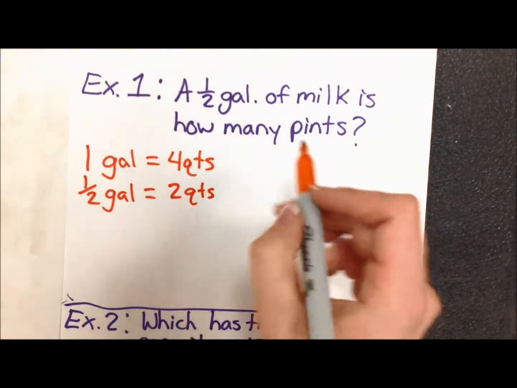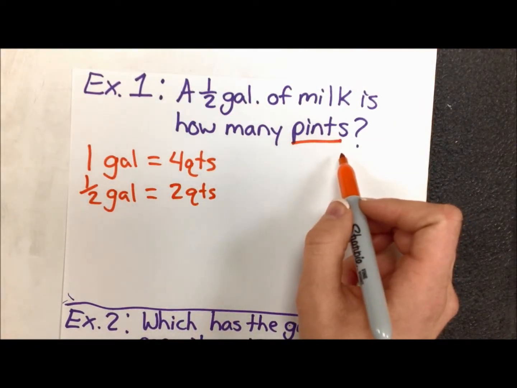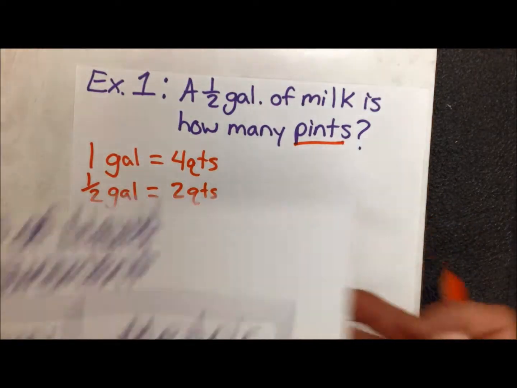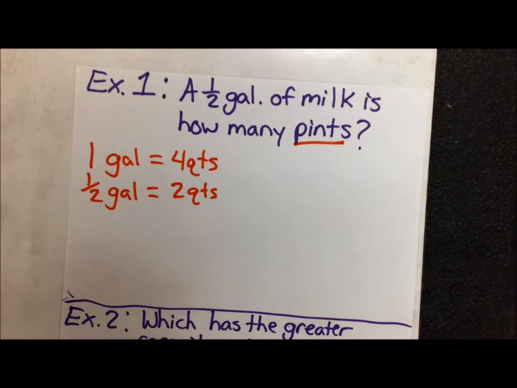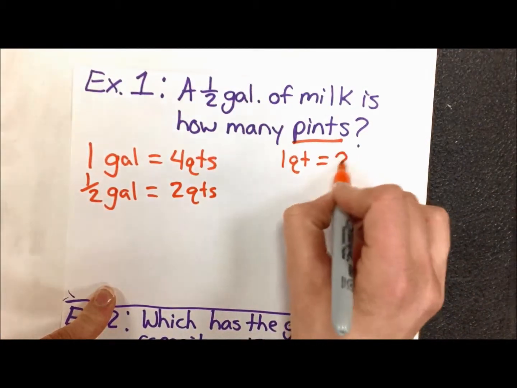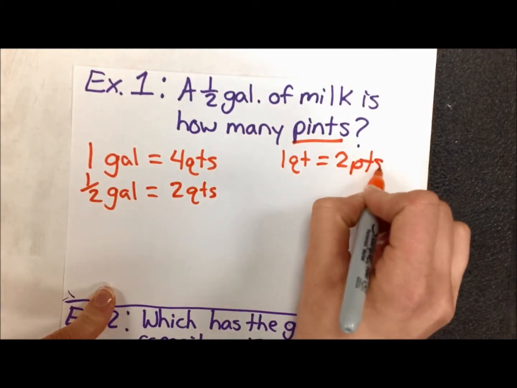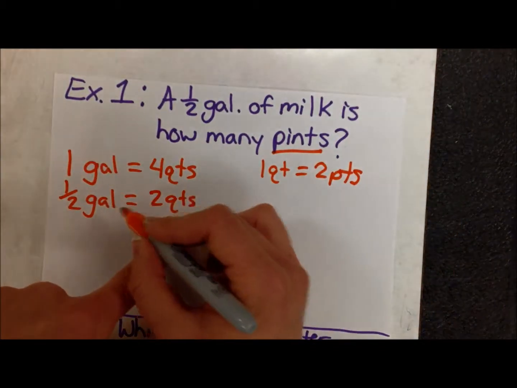But I need to go into pints. So I can look at my next one, and it says 1 quart is equal to 2 pints. So I'm going to write that down too. 1 quart is equal to 2 pints. I have 2 quarts in a half gallon.